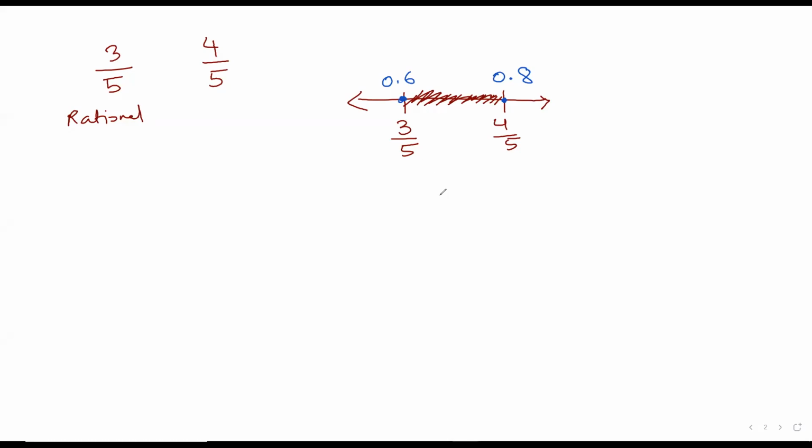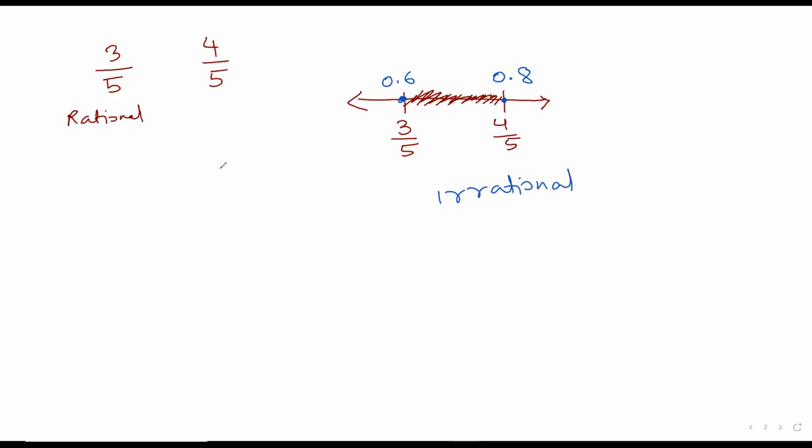Can you come up with an irrational number between 0.6 and 0.8? But 0.7 is not an irrational number, is it, Mridula? I'm sorry, what is the number between these two? Okay, yeah, so we need an irrational number between these two.